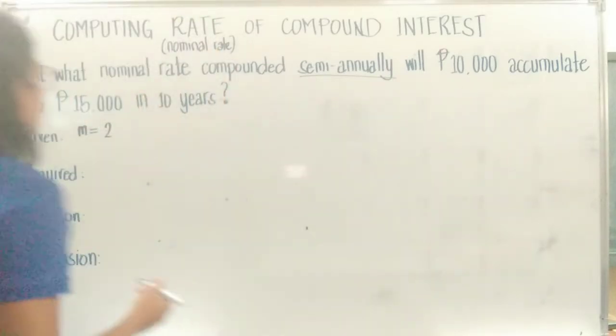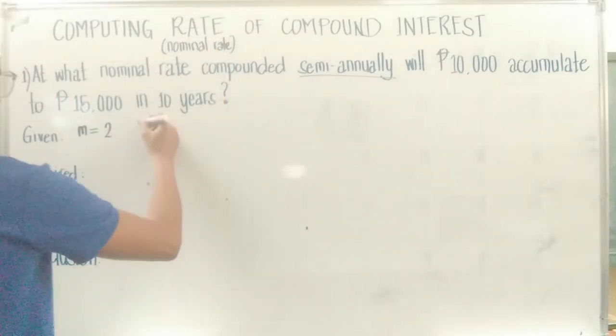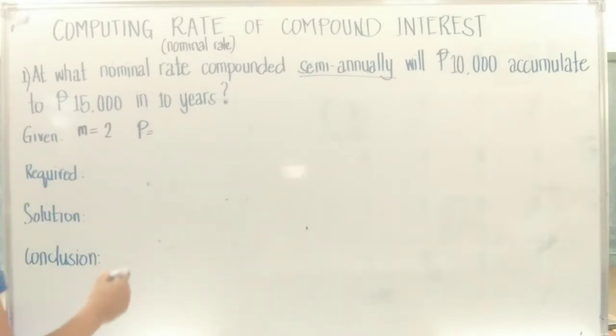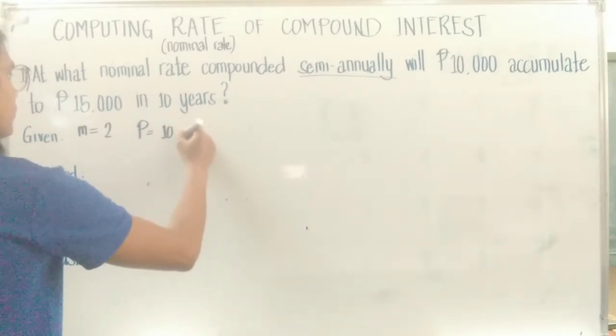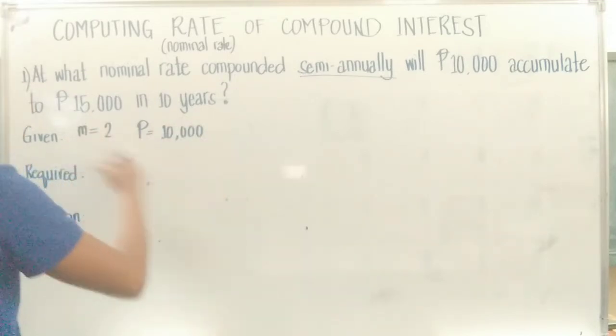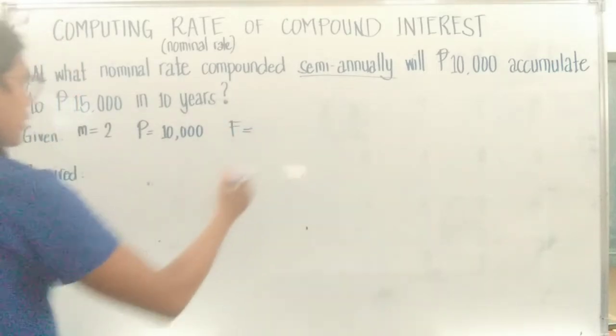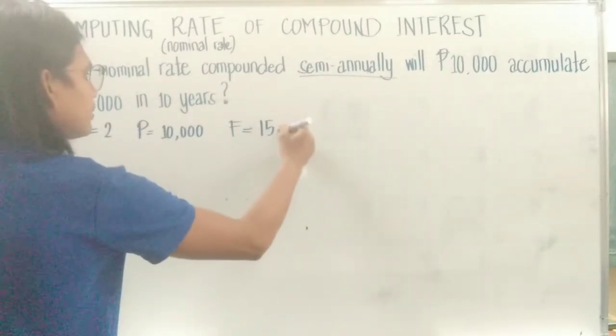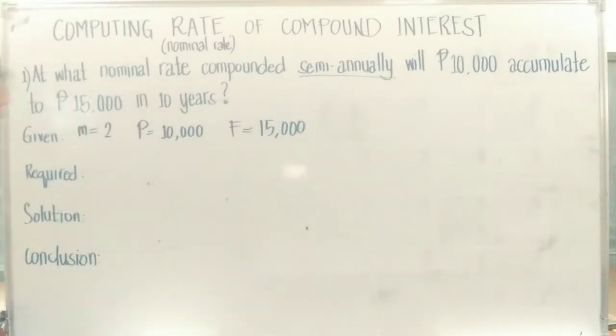Then we have 10,000 pesos, so that will be your principal or the starting money. Then F, your future value or maturity value, is 15,000.